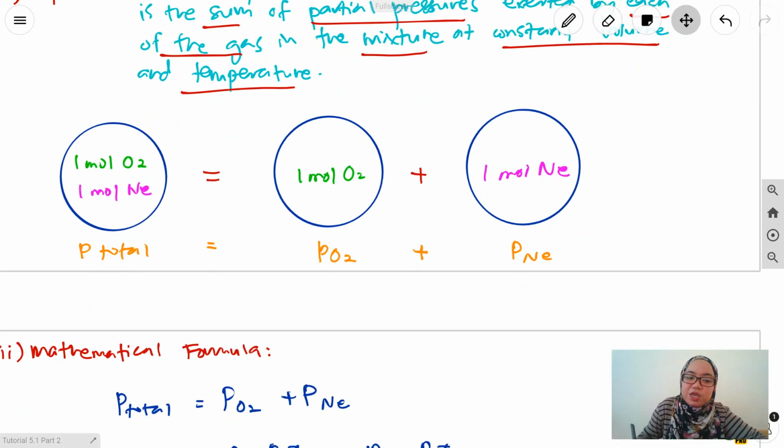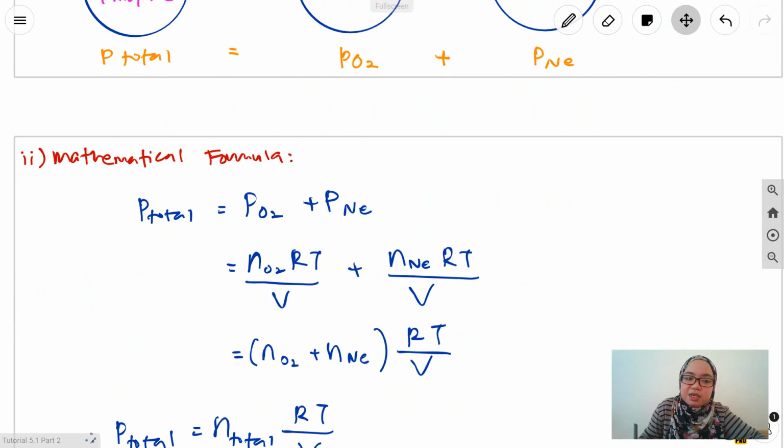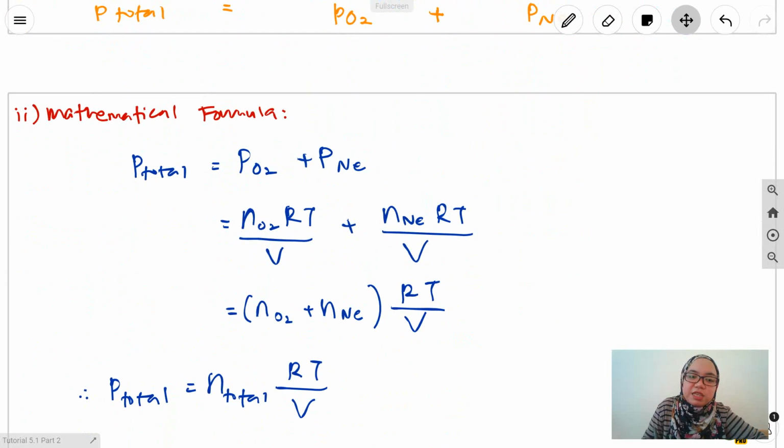Okay, so when we do the mathematical formula, we know that pressure total is equal to partial pressure of oxygen plus partial pressure of neon gas.